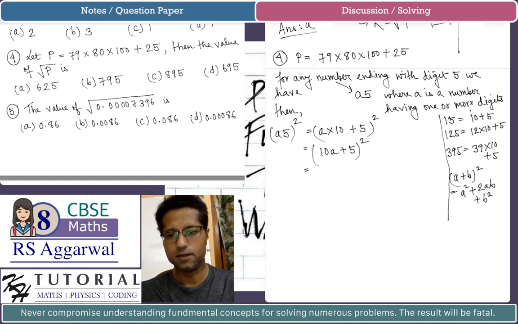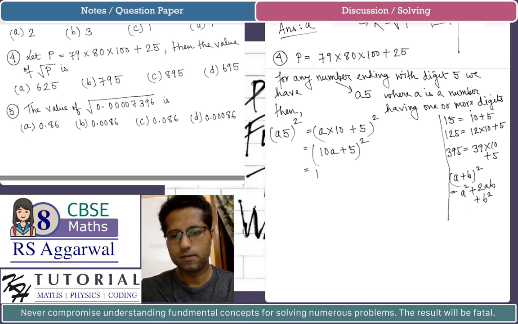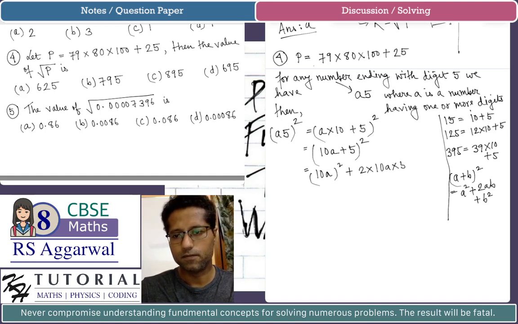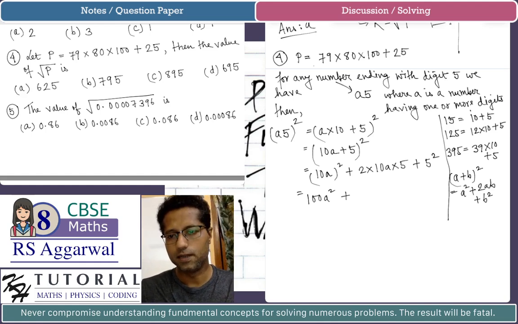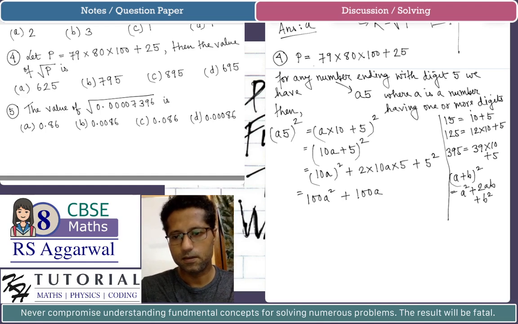Applying this formula in (10A plus 5) whole square, we get (10A) square plus 2 multiplied by 10A multiplied by 5 plus 5 square. This is equal to 100 A square plus 2 into 10A into 5, which is 100A, and 5 square is 25.